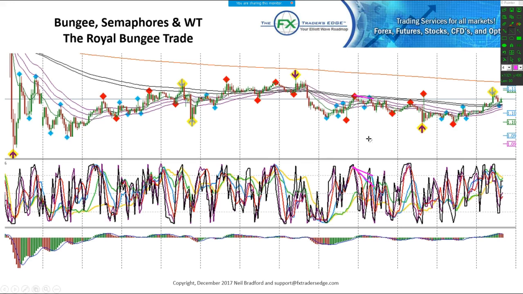Before this move down for the royal started, down here, I want you to notice the bungee divergences for that peak, telling us that this is what was going to happen.